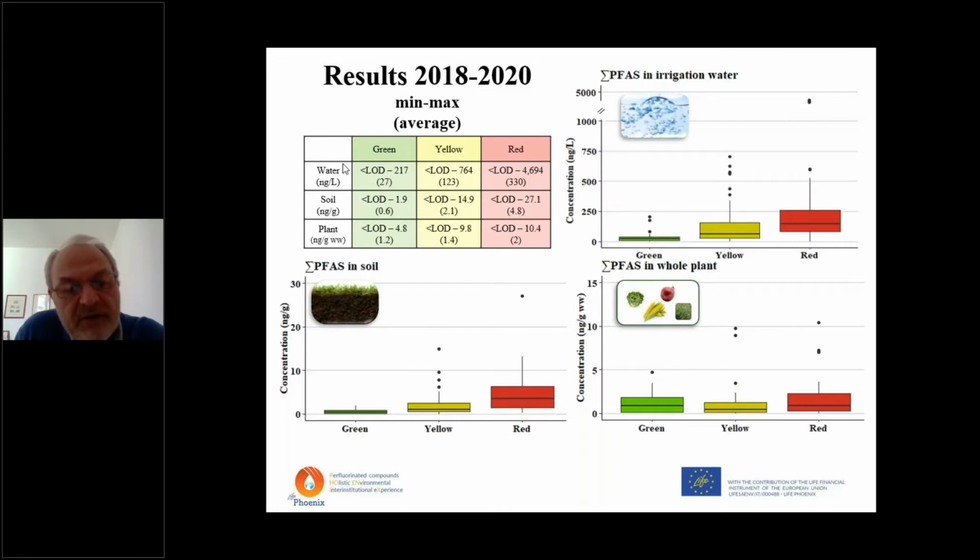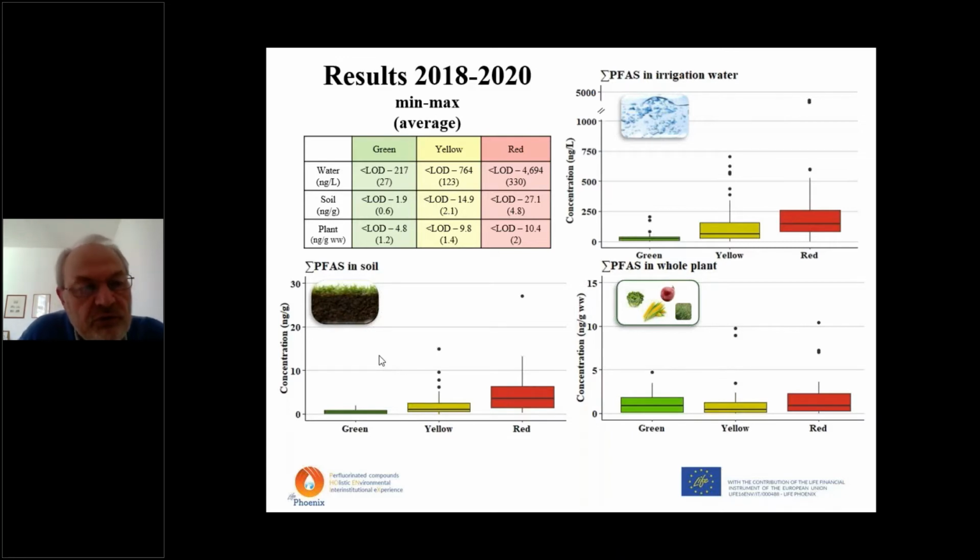Though I think that in field experiments, we are working in a real field without anything artificial. We take the conditions that we found in the agricultural field, and we don't put any constraint. We look at the real field situation, and we see that, even if the irrigation water is really impacted, the soil also, the edible plants are not so.